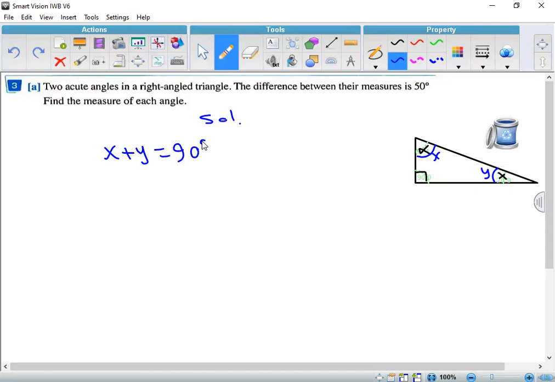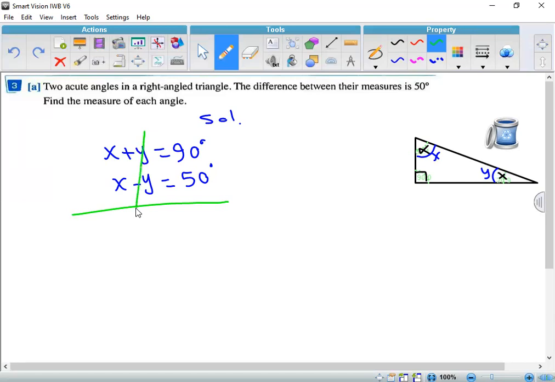The difference between their measures is 50. Difference x minus y equals 50. Two equations in the first degree in two variables, we can directly sum the two. It's ready.